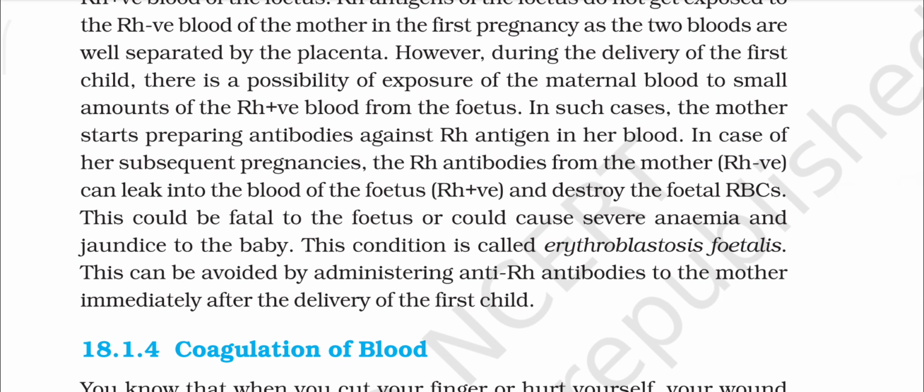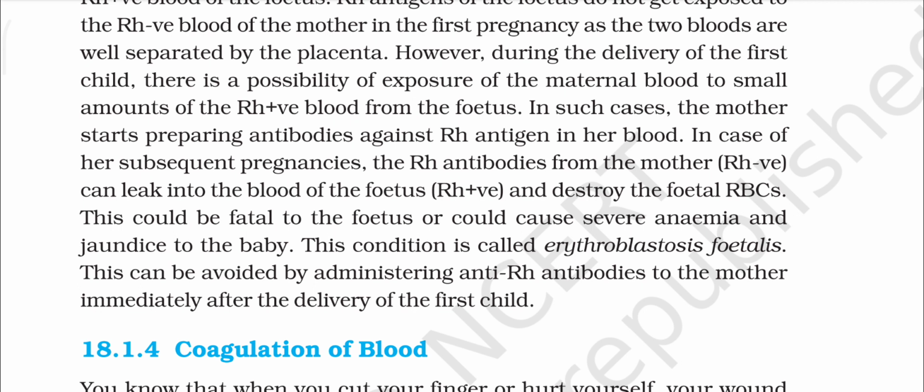In her subsequent pregnancy, the antibodies from the RH negative mother can leak into the blood of the fetus and destroy the fetal RBC. This could be fatal to the fetus or could cause severe anemia and jaundice to the baby.